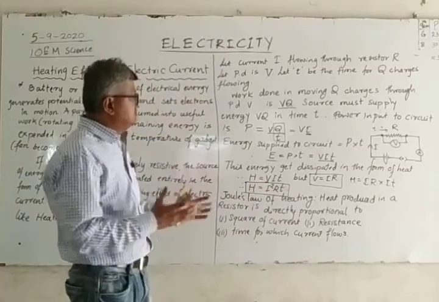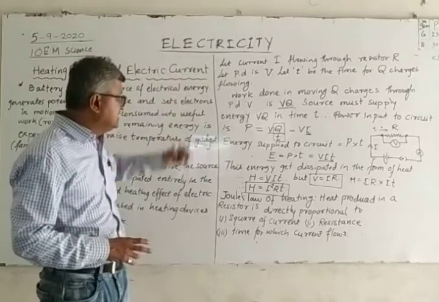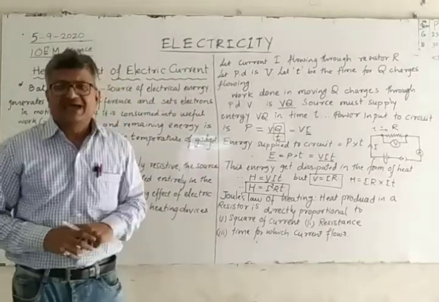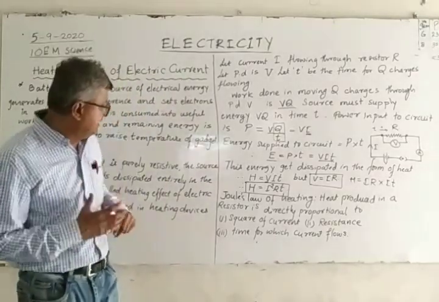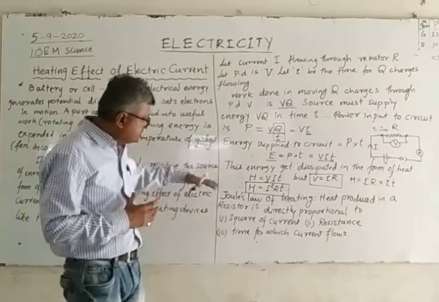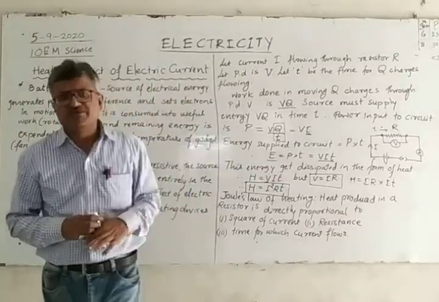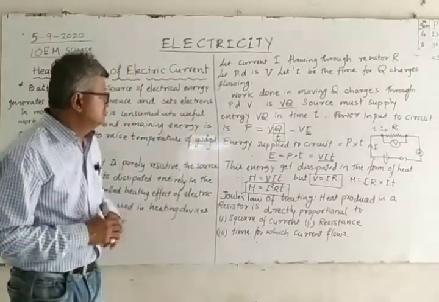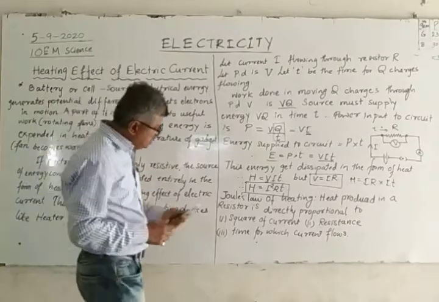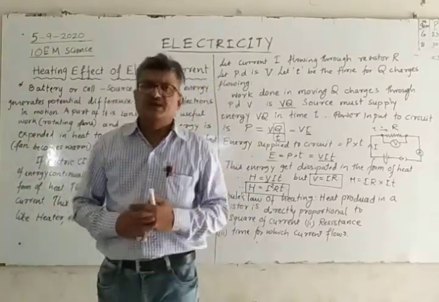This was studied by a scientist called Joule, and this is called the heating effect of electric current. This law is called Joule's law of heating. Using this formula only you can state Joule's law of heating.